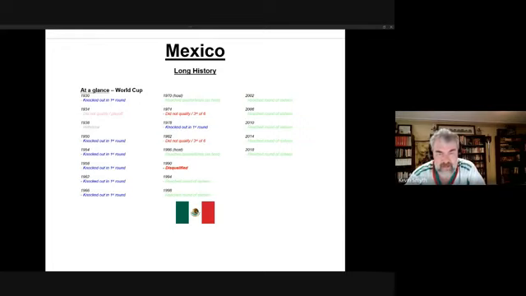The regional tournament then became known as the Gold Cup in 1991, and they've never failed to participate in that. They were also invited guests for every Copa America from 1993 to 2016, but that seems to be a thing of the past now. And also a thing of the past is the Confederations Cup.